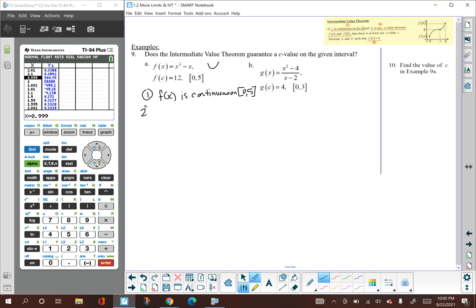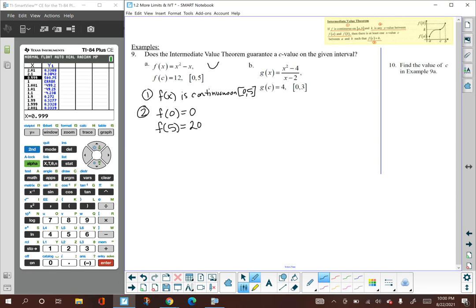So for part 2, we have to show that 12 is between f of 0 and f of 5. Well, for this function, f of 0 is 0 squared minus 0, so that's 0. And f of 5 is 5 squared, which is 25, subtract 5, which is 20.